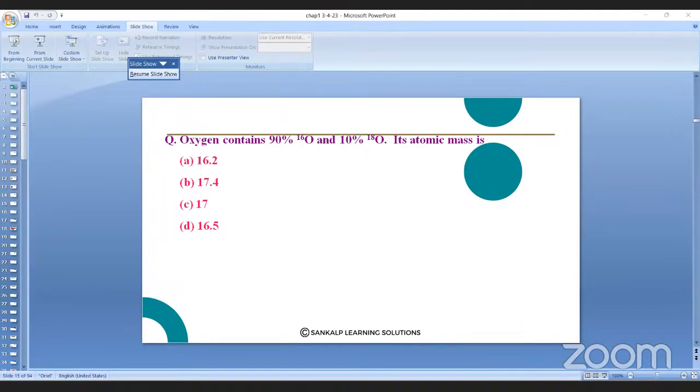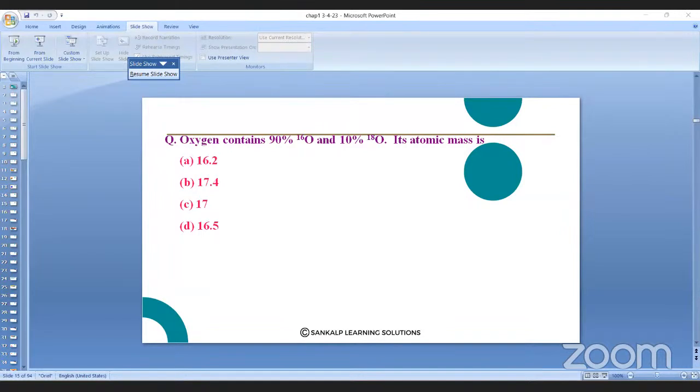So next is equivalent mass. Equivalent mass is the number of parts by mass of a substance that combines with or displaces 1.008 parts by mass of hydrogen, or 8 parts by mass of oxygen, or 35.5 parts of chlorine.